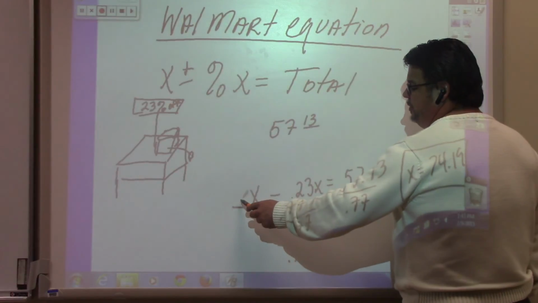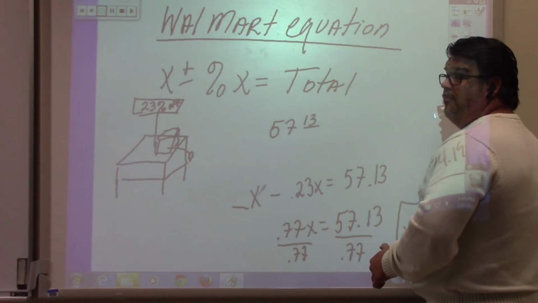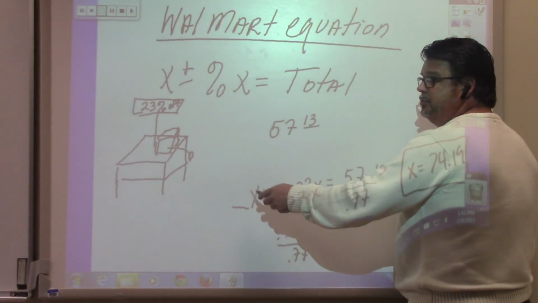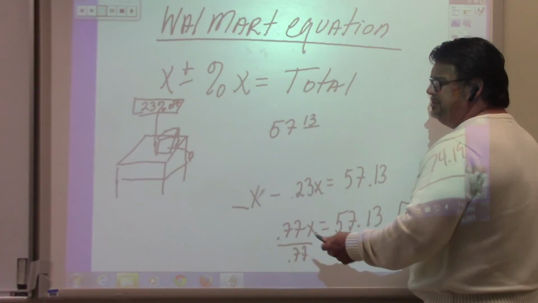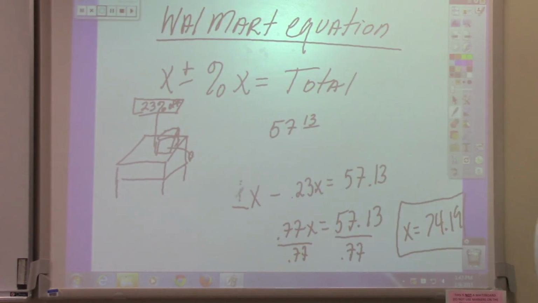If that was a zero, what would that zero do to this first term? Zero times anything is what? Zero. And there wouldn't be any use for this term, would there? No. So it's not zero, it's what? 1. And 1 minus 23 cents is what? 77 cents. And that's how you do the Walmart equation.